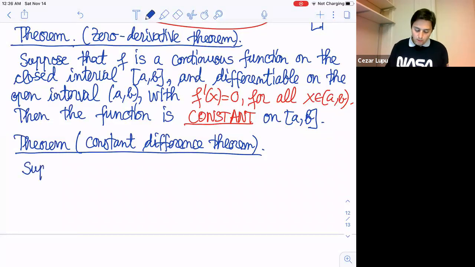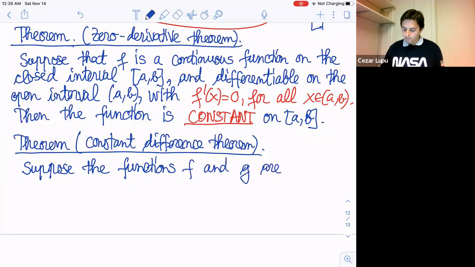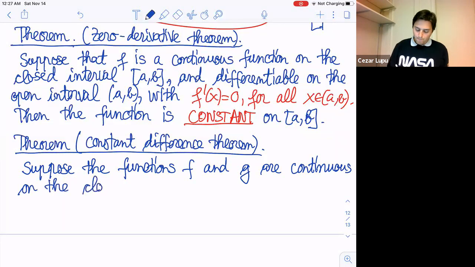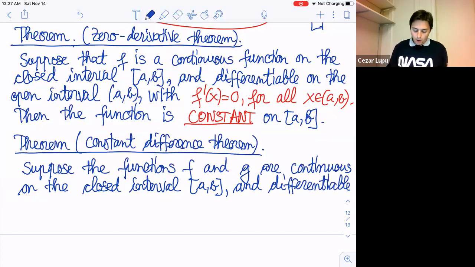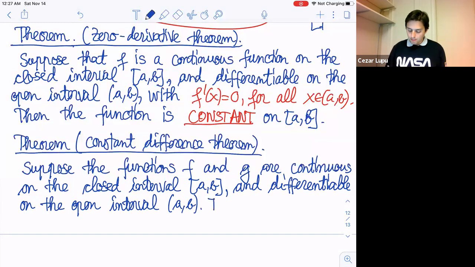And it says the following. This time we'll deal with two functions. Suppose the functions f and g are continuous on the closed interval [a, b] and differentiable on the open interval (a, b).